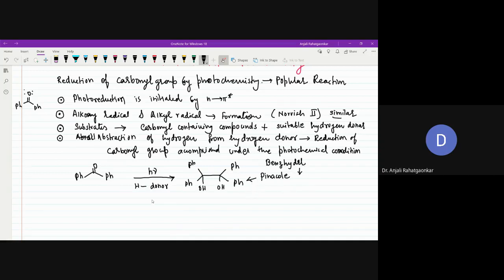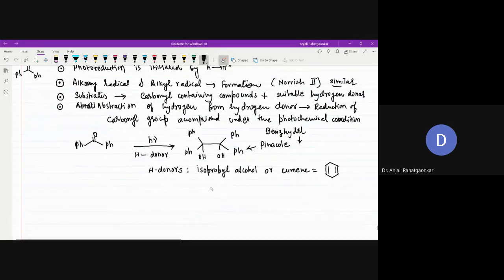And what type of hydrogen donors are we using here? The hydrogen donors can be isopropyl alcohol, or it can be cumene also. What is the structure of cumene? Cumene is like this.